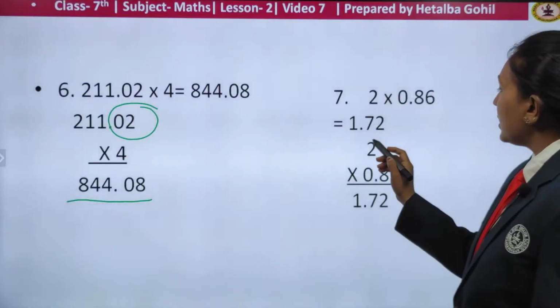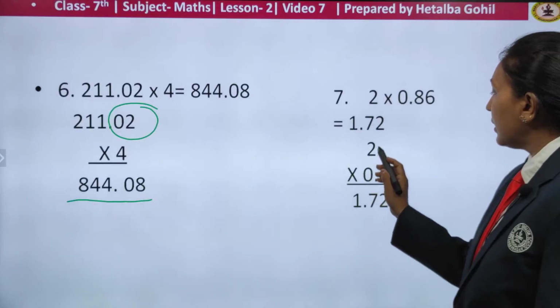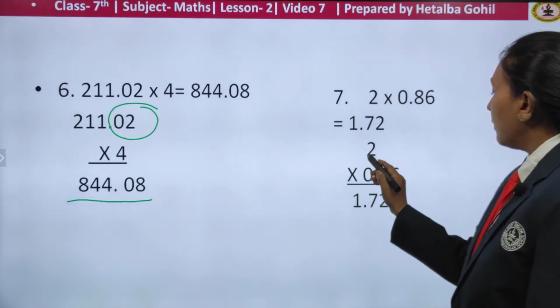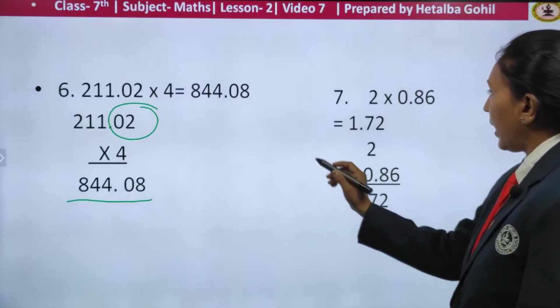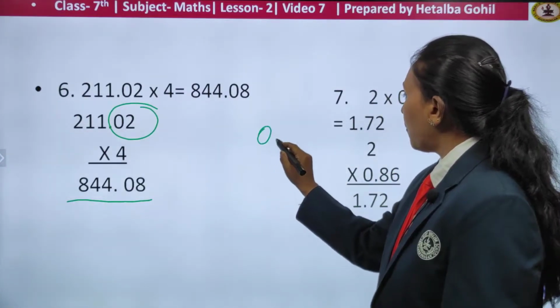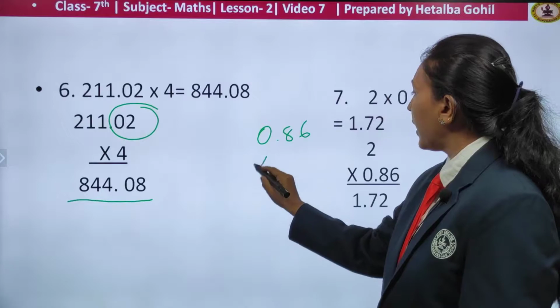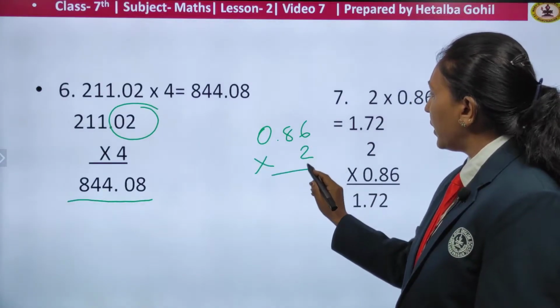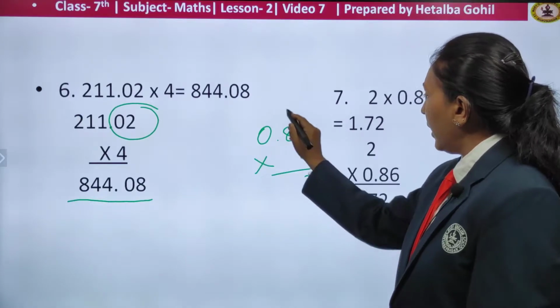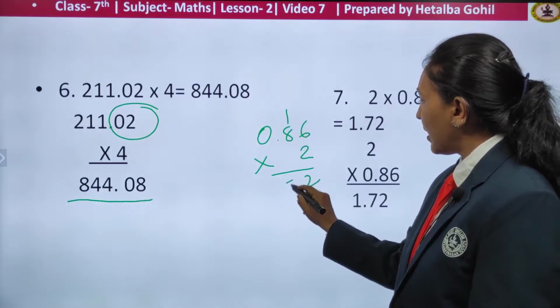Similarly, one more. 2 multiplied by 0.86. Take the bigger number on top if you get confused, okay. A little bit of confusion is there, so we will do it here. 6 2s are 12, 8 2s are 16 plus 1, 17.